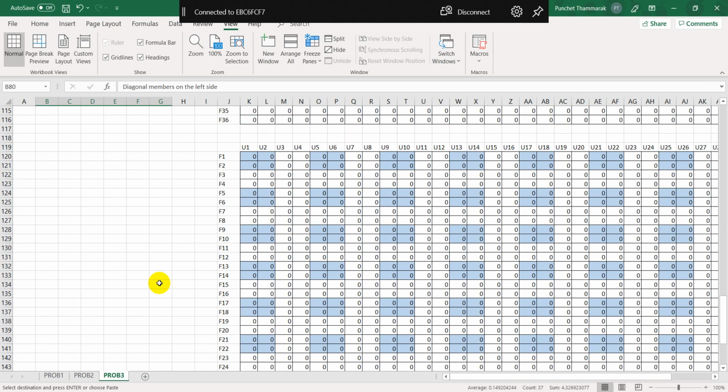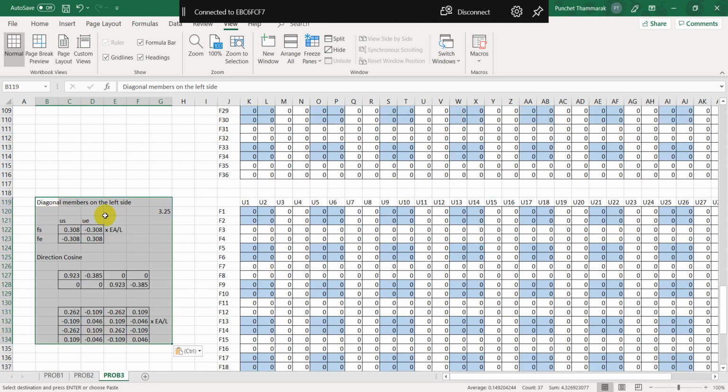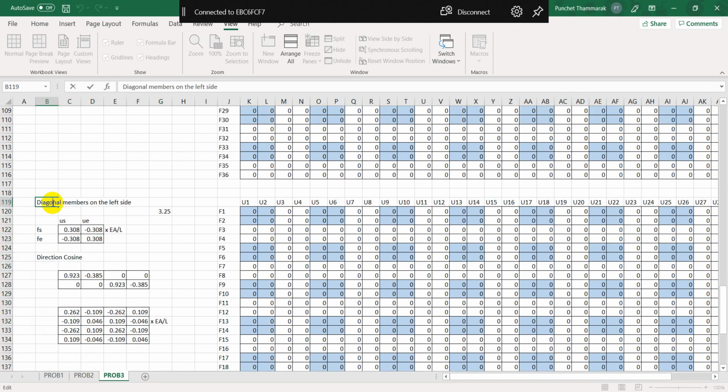Copy this and come down to here. Right, so just do things systematically. Workflow is going to be not brutal.